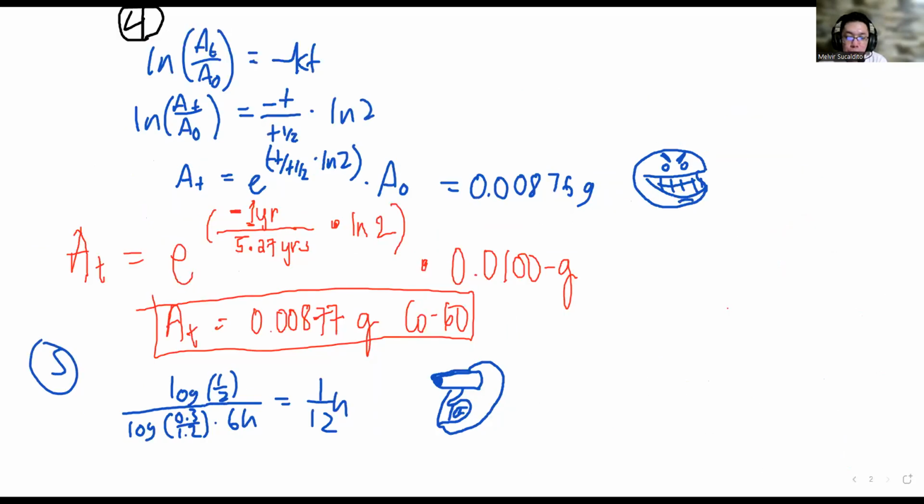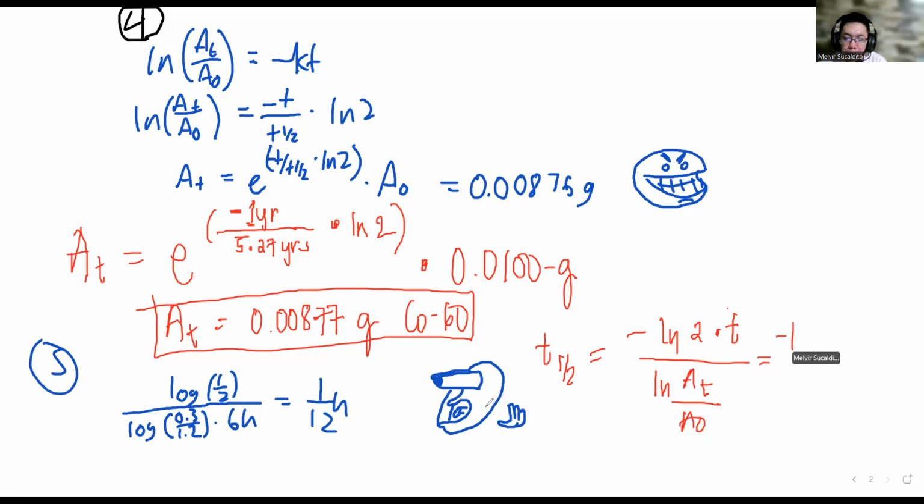So, T1/2 is equal to negative ln 2 times T all over ln 80 over A0. Okay. So, what's your T here, Josh? What's your time? After what? 6 hours, right? 6 hours.